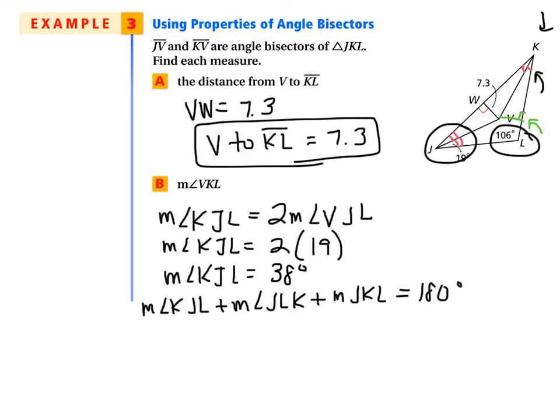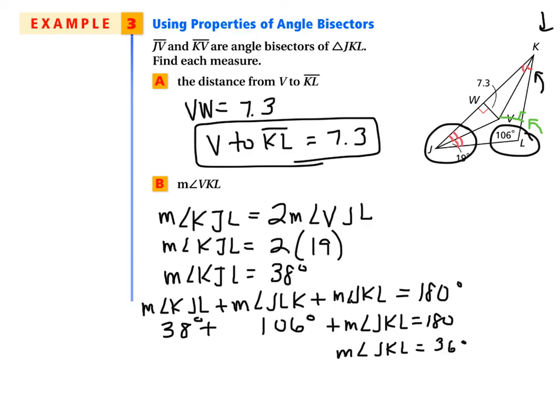Now we use substitution. We know this one's 38 degrees. We know this one's 106 degrees. We do not know the measure of angle JKL. And now we solve this. We add those together and use the subtraction property. The measure of angle JKL is equal to 36 degrees.